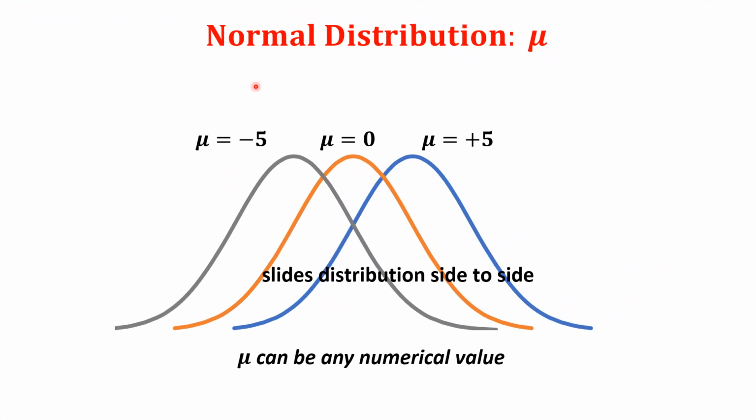Okay. The normal distribution will shift left or right depending on mu, the average. For example, if mu equals 0, it will lie in the middle, that is the orange color. If mu is -5, it will shift toward the left. If mu equals +5, it will shift toward the right.